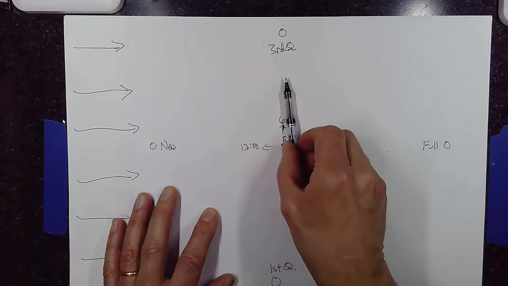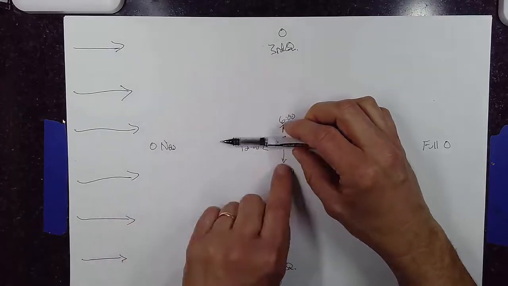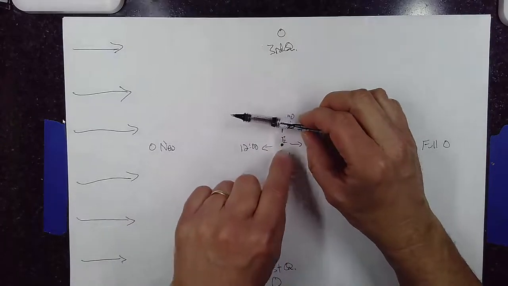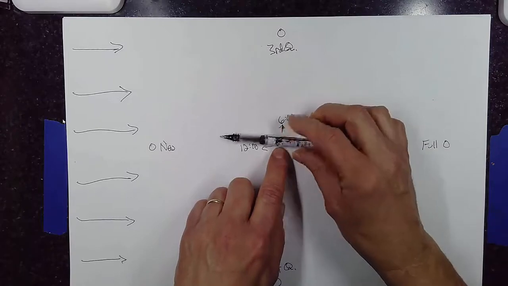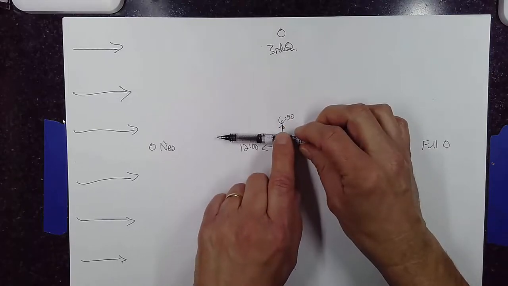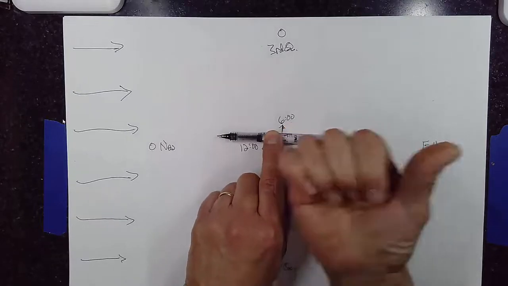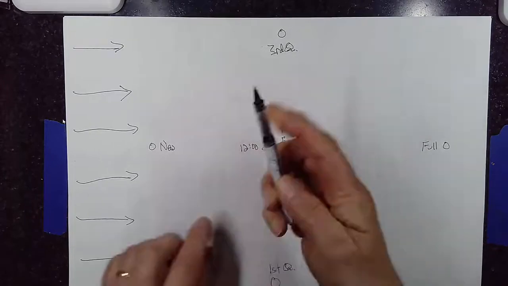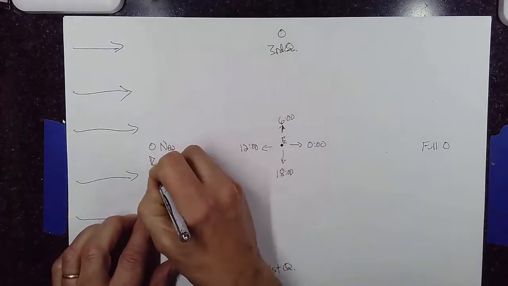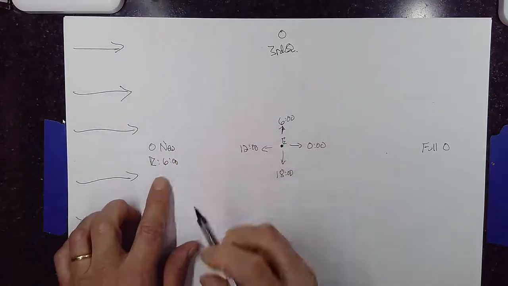So I'd rotate it this way, and I imagine this is the horizon of a person who's standing right there on the 6 o'clock part of the Earth right now. So the eastern horizon points that way, the western horizon points that way, and it rises at 6 a.m. So I'll put an R here, 600 hours for when it rises.